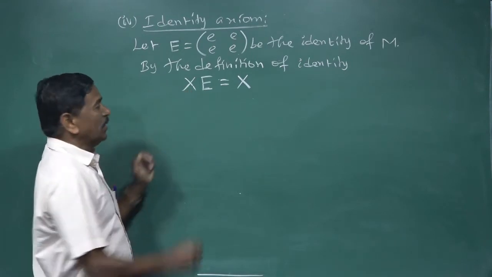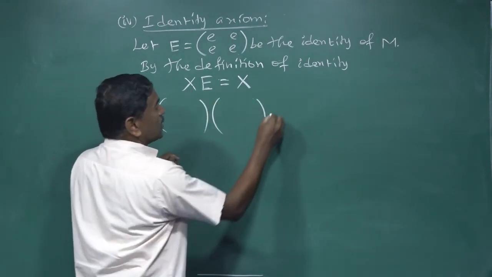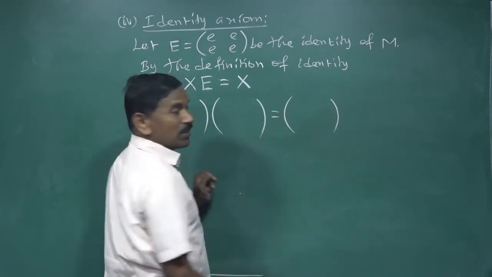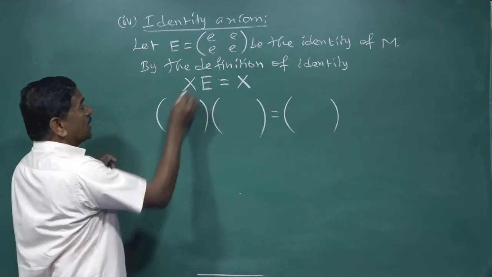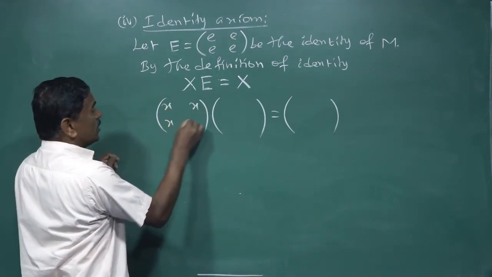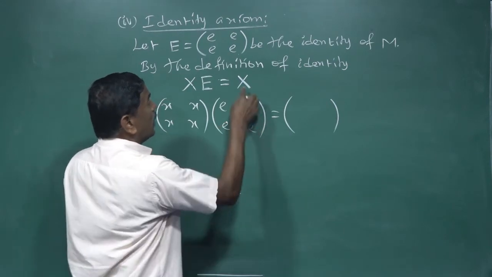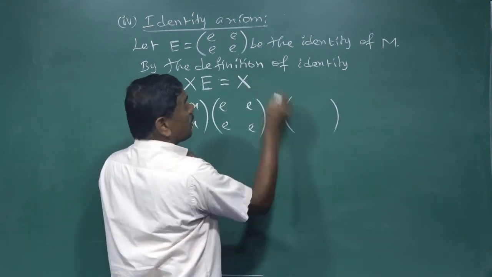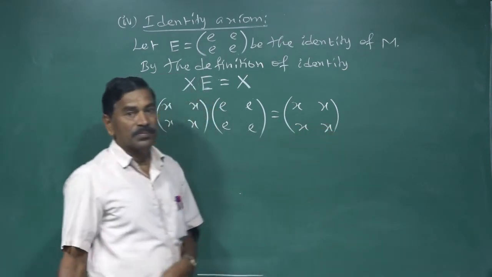What is X? Very good. X matrix into E matrix is equal to X matrix, where X matrix is small x in every entry, and E matrix is small e in every entry.